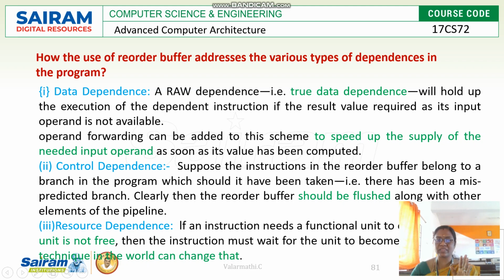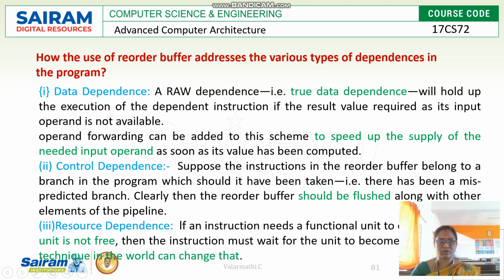At that time, with the help of the operand forwarding technique, we supply the needed input operand as soon as the value has been computed. This is the first important role of operand forwarding.